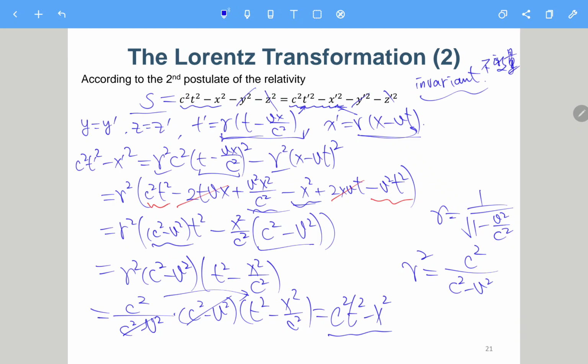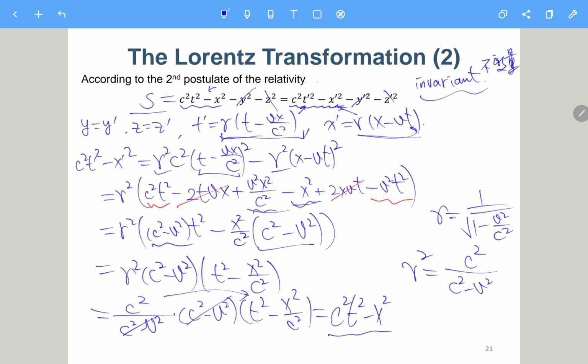And then here we can clearly see the relationship between time dilation and length contraction, because this one must be a constant.